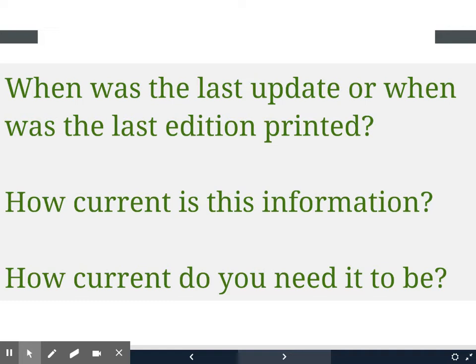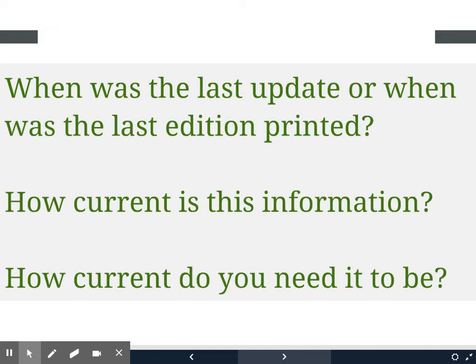If you are trying to decide on buying a new cell phone, and you're on a website that was last updated in 2010, that information is not going to be valuable for you because cell phones have changed a lot since then.